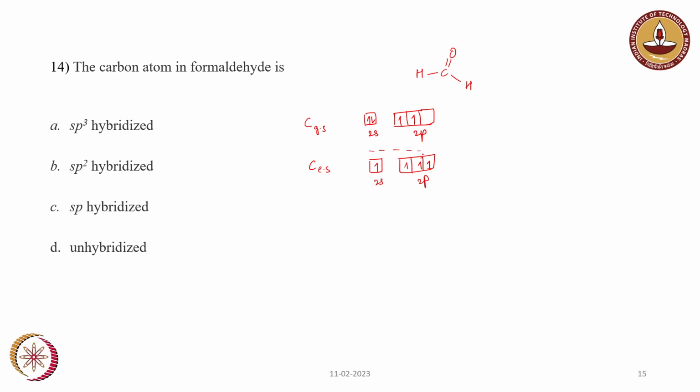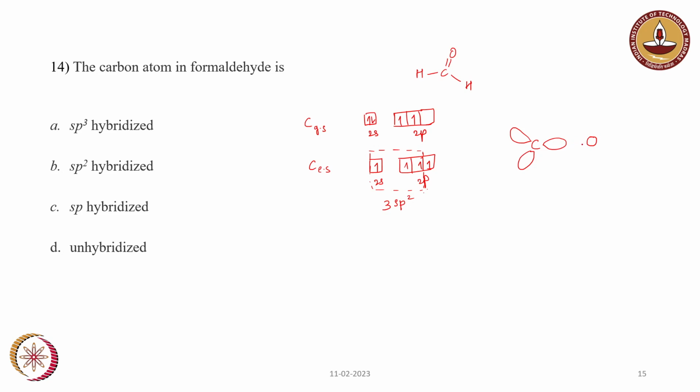So when we keep one of the p orbitals as unhybridized, it becomes sp2 hybridized. So carbon will have 3 sp2 hybrid orbitals, and oxygen is there.